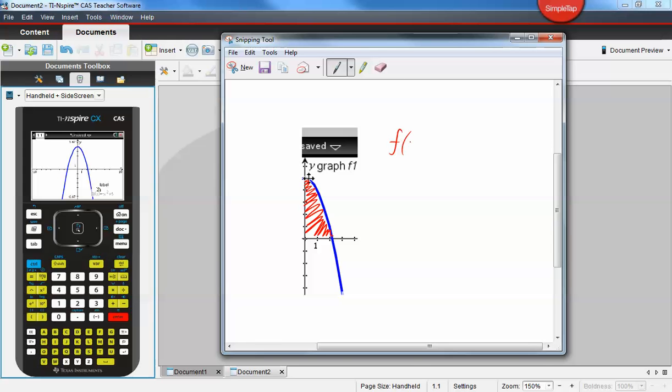And so that's the function negative x squared plus 5. Now, I can't really tell by just looking at that what the area of that figure is. If I was to try to use some kind of geometry formula, maybe I could come up with one to find an area. I could give you a pretty good estimate, but my estimate would probably still be off by a couple of units.